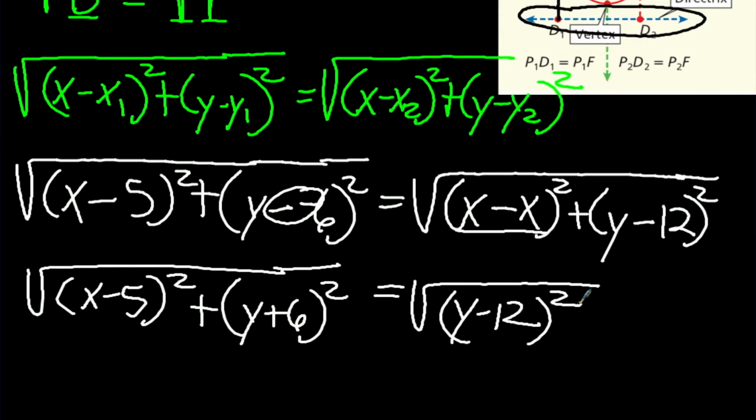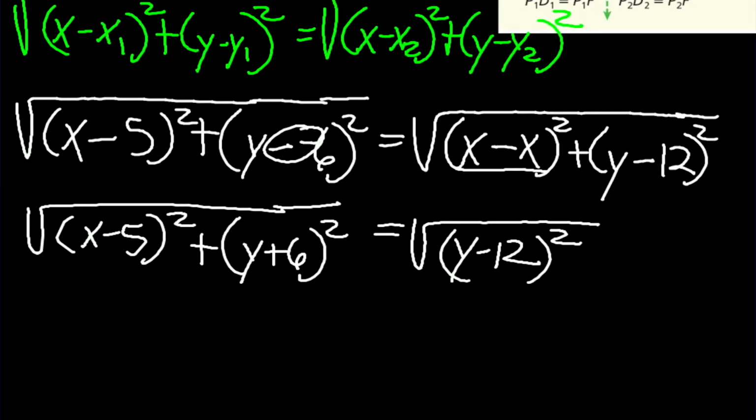All right, now that I have this, the next step is I want to get rid of the square root. So I'll get rid of the square root by taking both sides and squaring it.